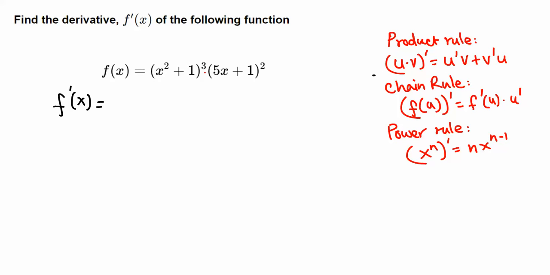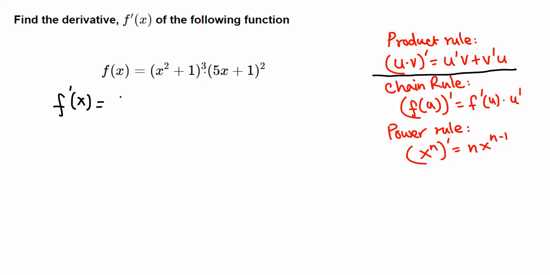So here is the product rule. This is like first factor u, and this is second factor v, and when we find the derivative, we find the derivative of the first factor, leave the second alone, plus the other way around.